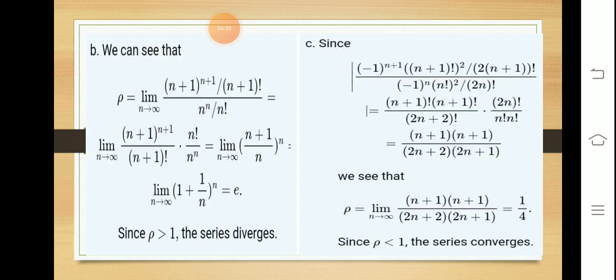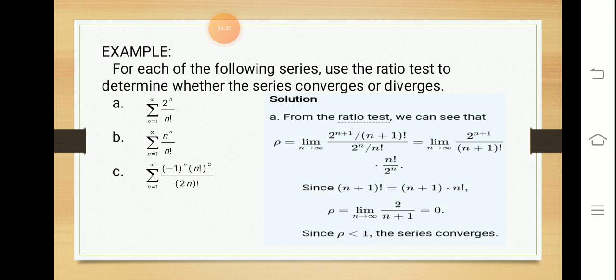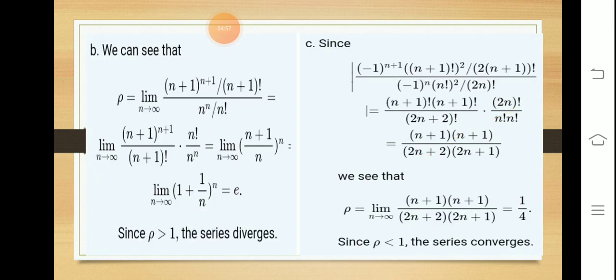So, number 2, or letter B. The given example for letter B is the summation of n equals 1 to infinity of n to the power of n over n factorial.